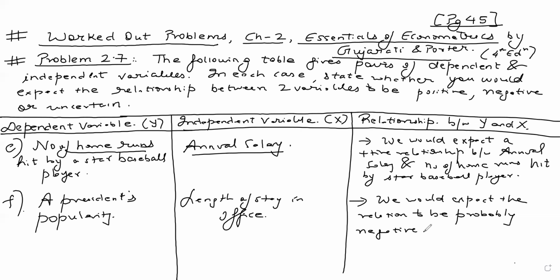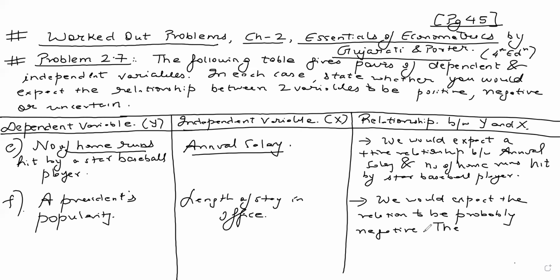The opposition will always say bad about you. That is what politics is all about. The opposition is never going to praise the president or the political party in power. So the longer you stay, the longer the opposition gets a chance to say things unfavorable to you, and that might cause your popularity to go down.